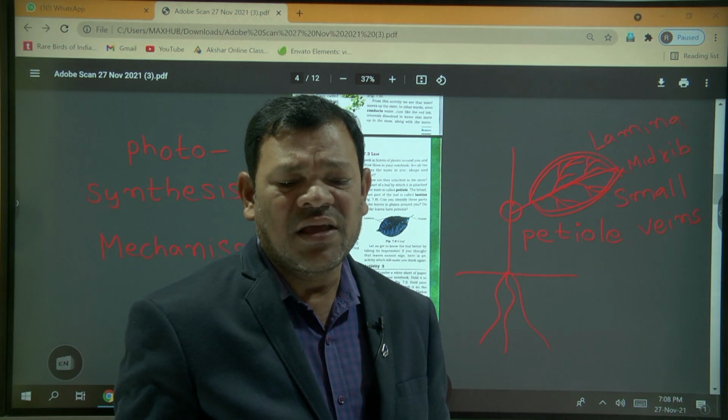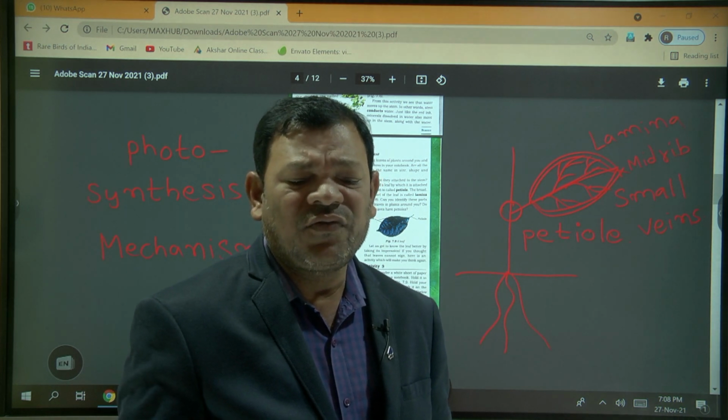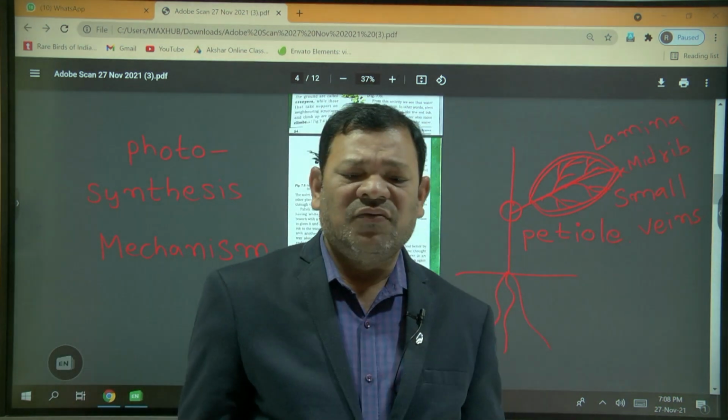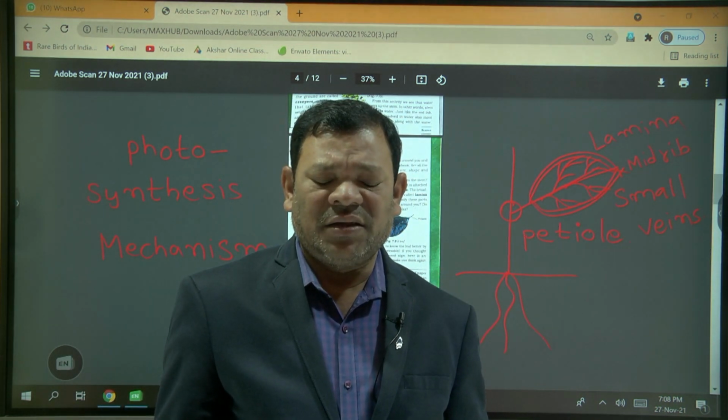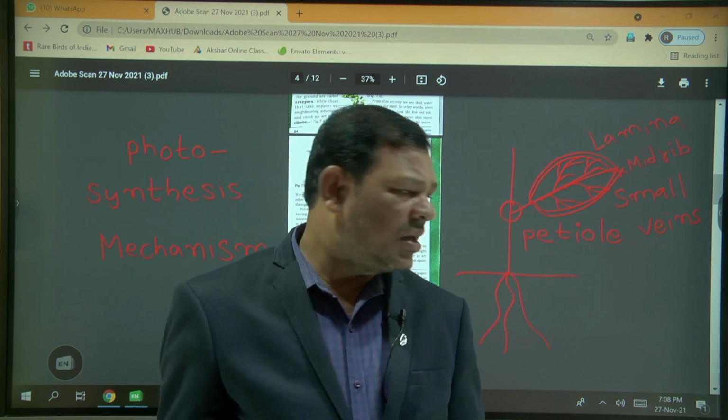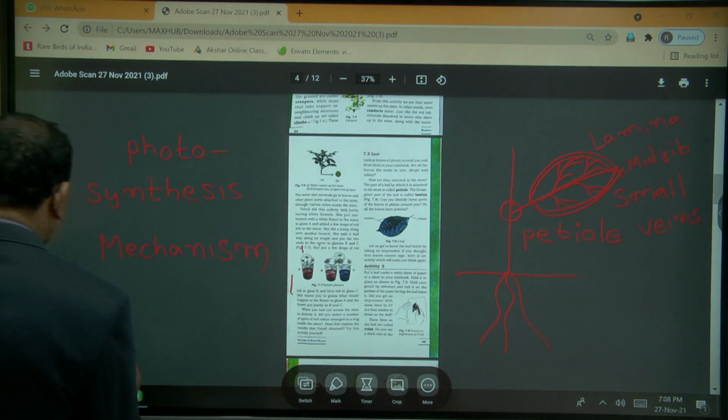So that's why leaf is also known as the food factory of the plant. Leaf is also known as the kitchen of the plant.